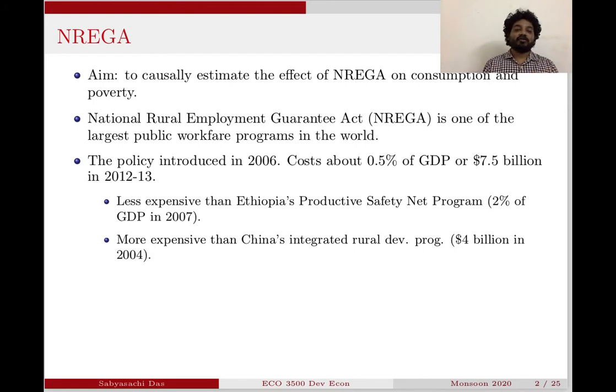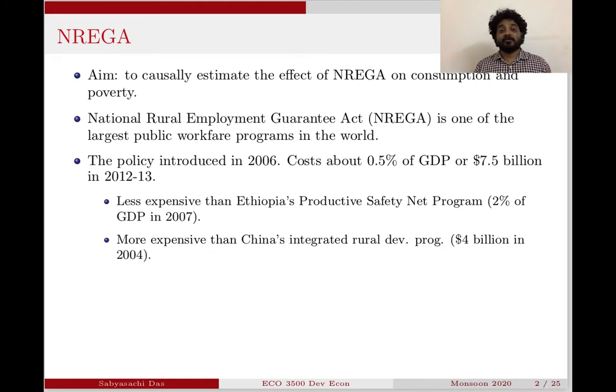By about 2012-13, the size of the program is about 0.5% of GDP. Or in monetary value, it's about $7.5 billion in USD in 2012-13. Now to benchmark whether this number is very high or low, it's less expensive than, for example, a similar program in Ethiopia, which is called the Productive Safety Net Program.